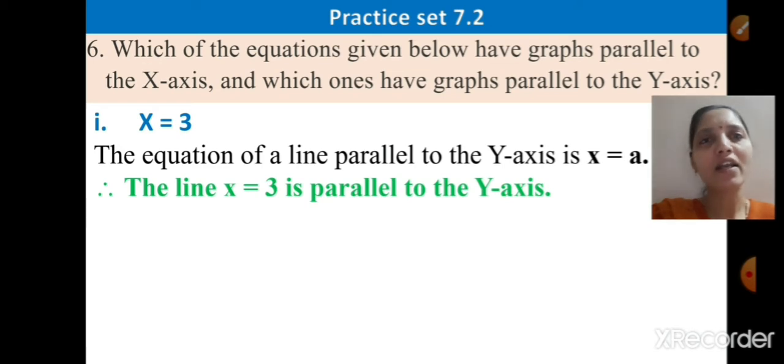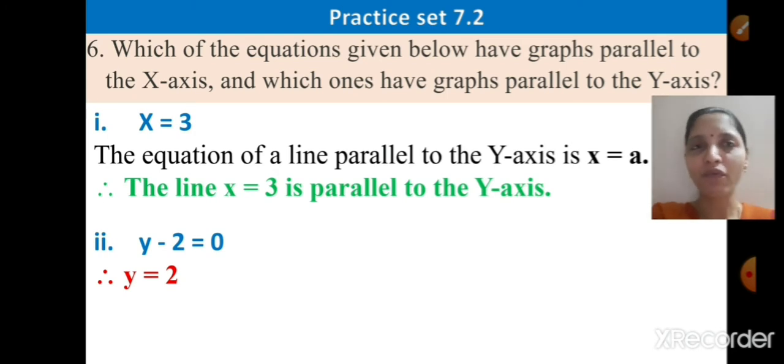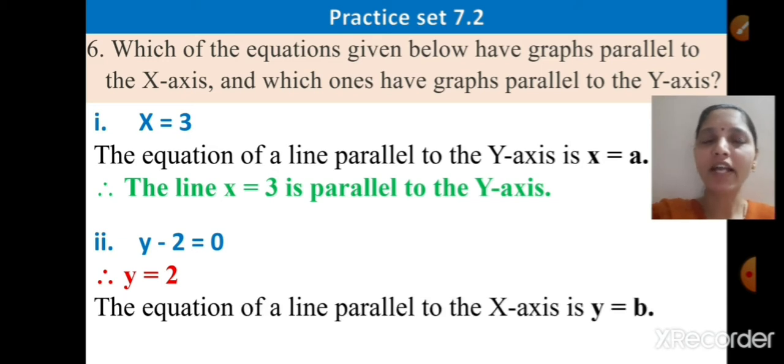Okay. Now see the next equation, y minus 2 is equal to 0. Now let's simplify this equation. We can have y is equal to 2. We have shifted this 2 to the other side. So we get here y is equal to 2. Now we know the equation of a line parallel to the x-axis is y is equal to b.